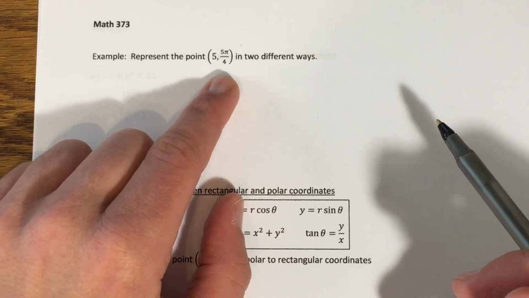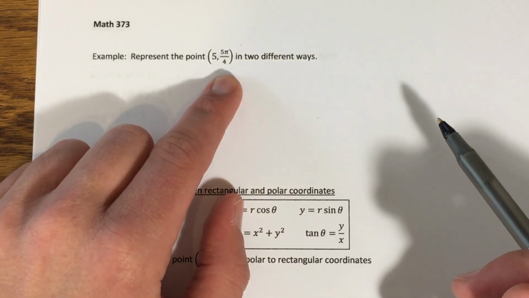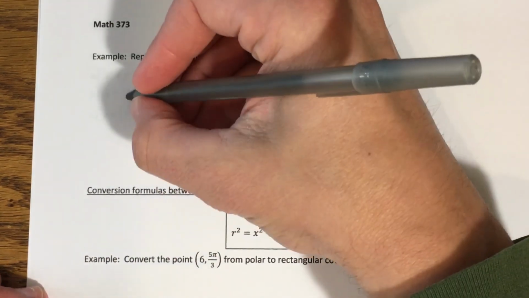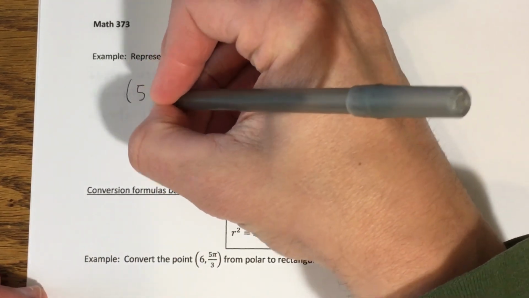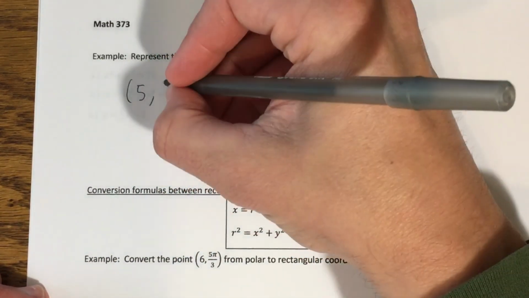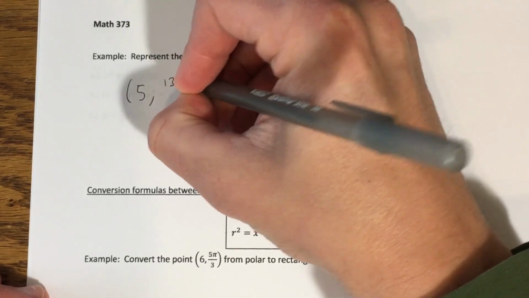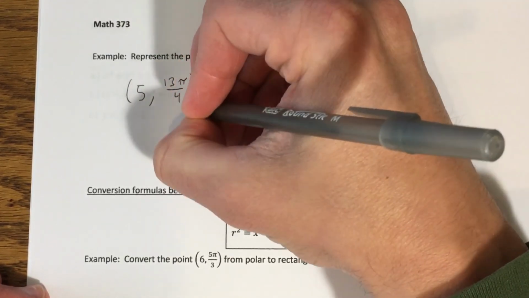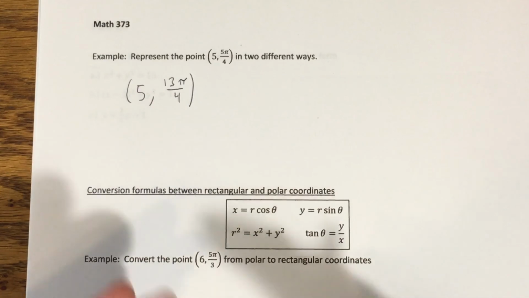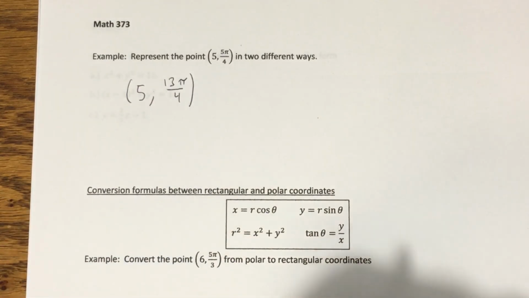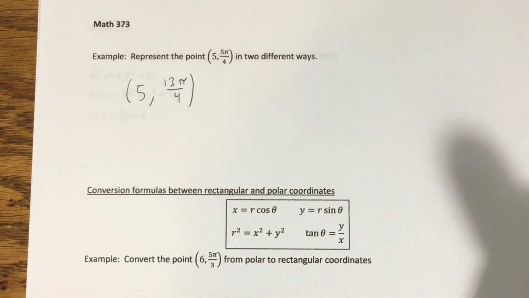For example, if I added 2 pi to this angle, and I called this 13 pi over 4, I know that 13 pi over 4 is coterminal to 5 pi over 4. So we would be talking about the same point if I were asked to graph it.